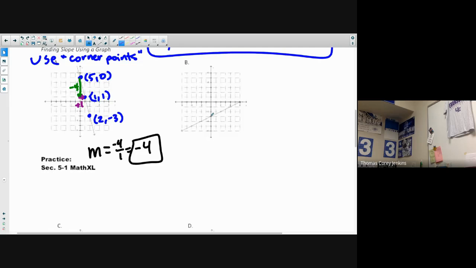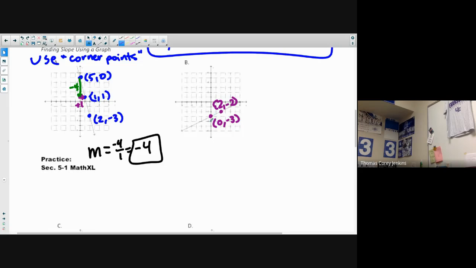Just find a couple points. Looks like it goes through 0, comma, I guess we're counting by 1, so we'll call that negative 3. And then looks like it goes through 2, negative 2. I want to just make sure though, if I can go from here to here, down 1 to the left 2.